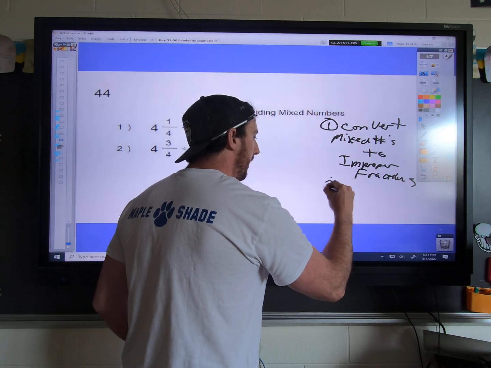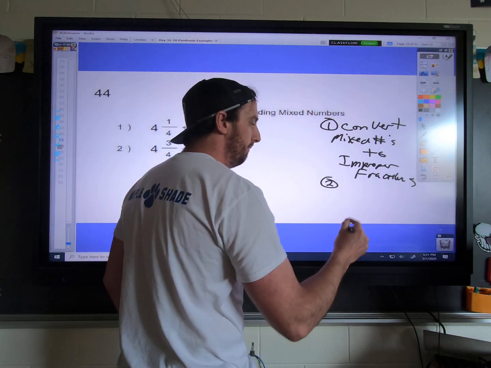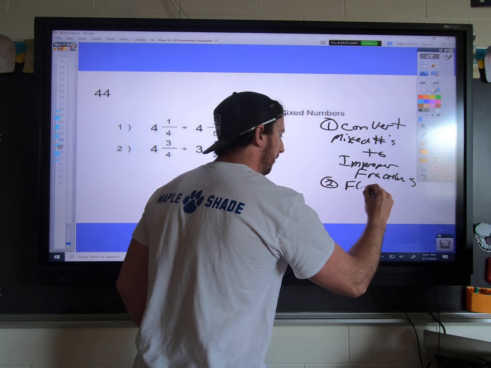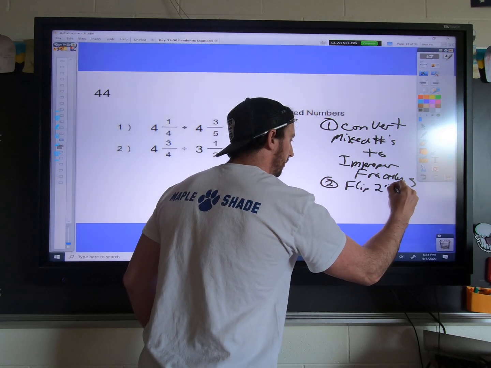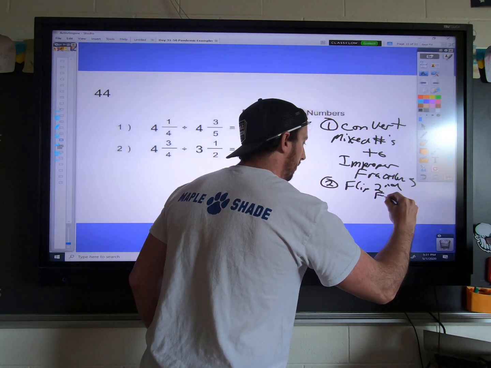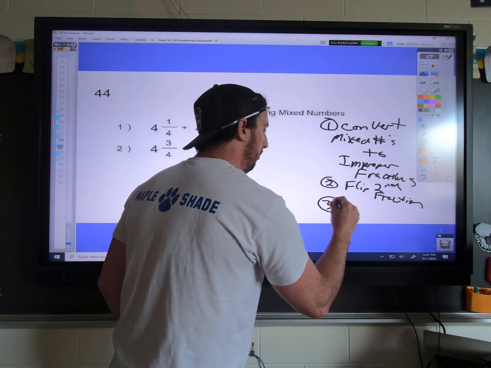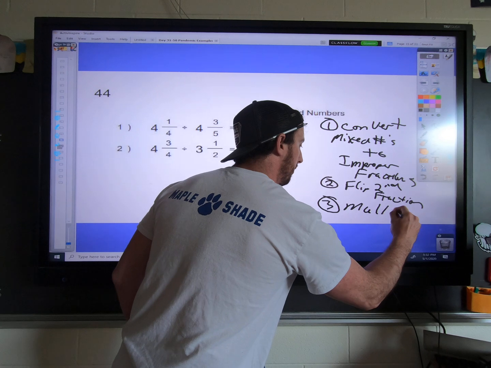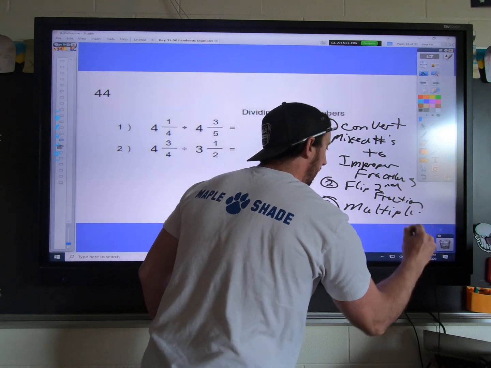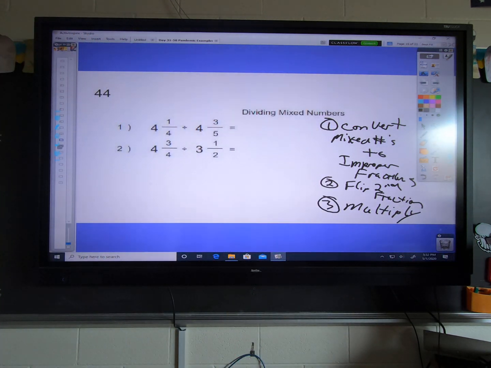Step 2 would be what? Flip the second fraction. And then the third step would be to multiply straight across, like we've been doing yesterday, all right?